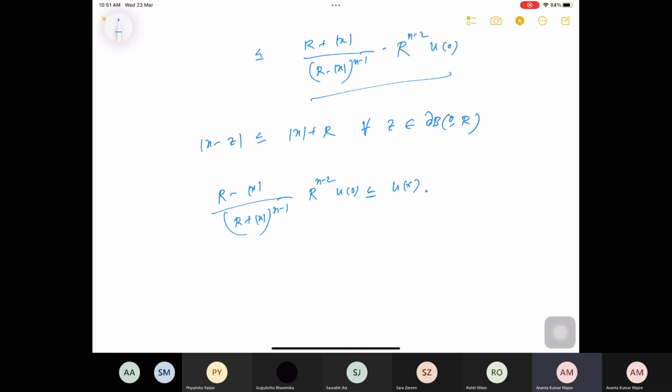So if you combine that part, you will get Harnack's inequality. Okay, so I'll use these properties of Harnack's inequality to say that if u is a non-negative harmonic function on the whole R², then u must be constant. By using Liouville's theorem, what we have proved is that any bounded harmonic function in Rⁿ is constant.